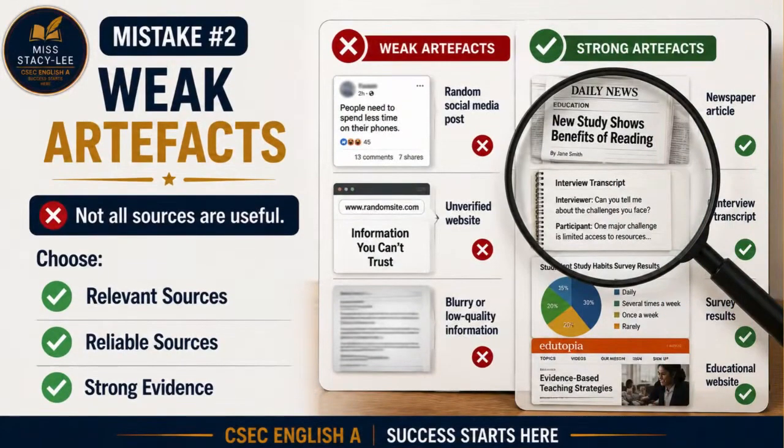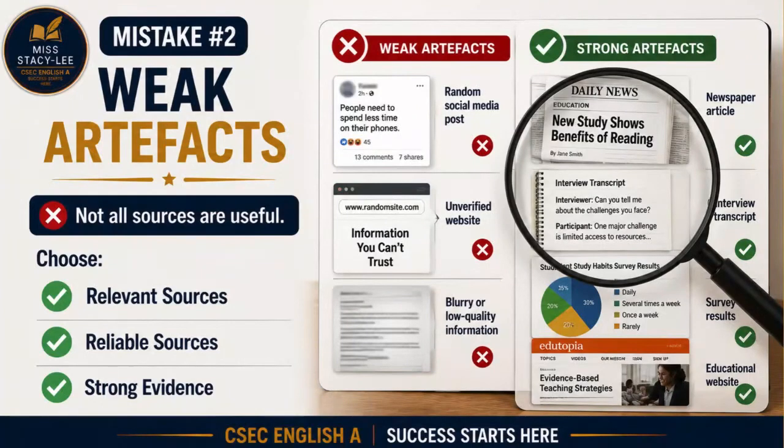The second mistake is selecting weak artifacts. Not every source on the internet is reliable or suitable for the SBA. Avoid random social media posts, anonymous websites, or information that cannot be verified.